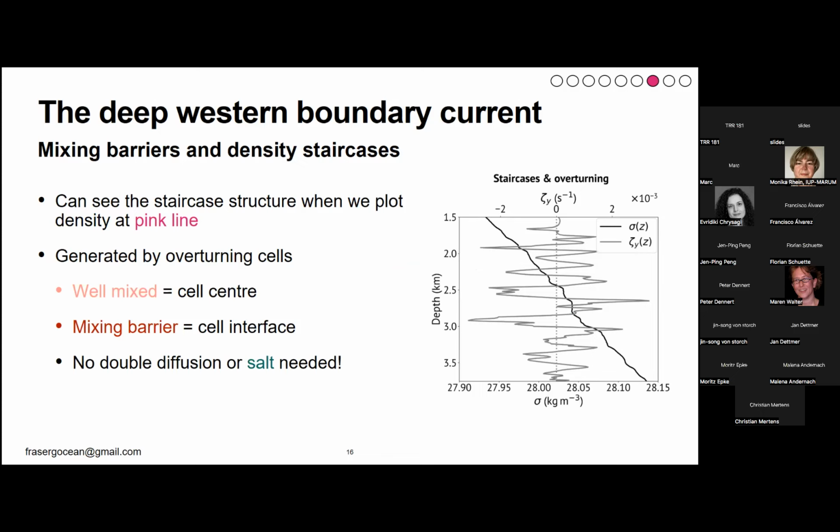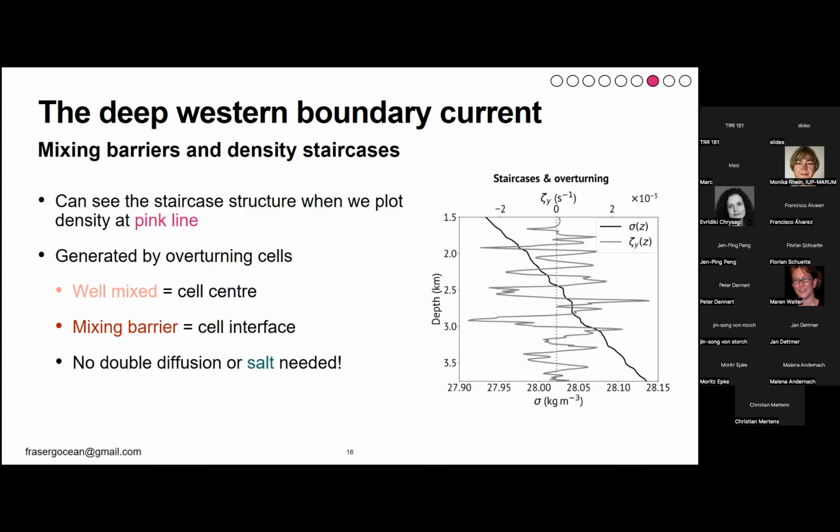And we can see, first of all, in the density structure, these staircase-like features. These vertical bits correspond to well-mixed regions, and then we've also got these slightly horizontal bits. So these are our stratification staircase, or these are our mixing barriers, sorry.